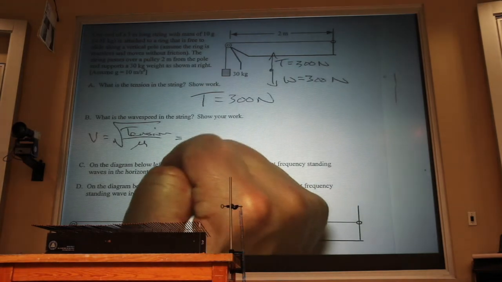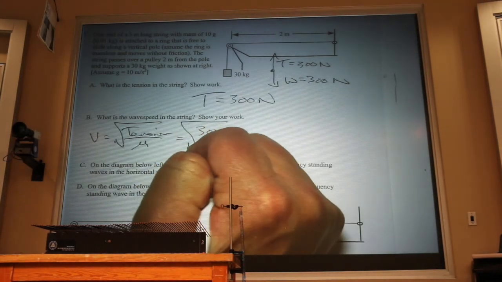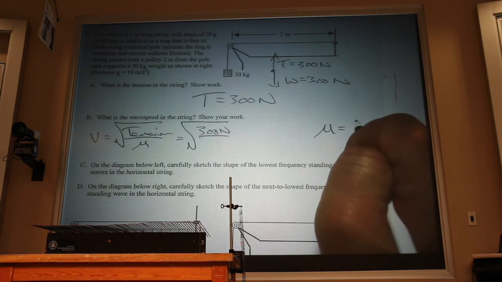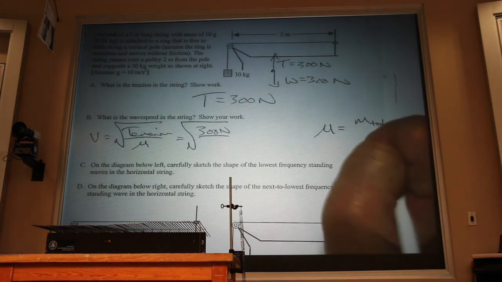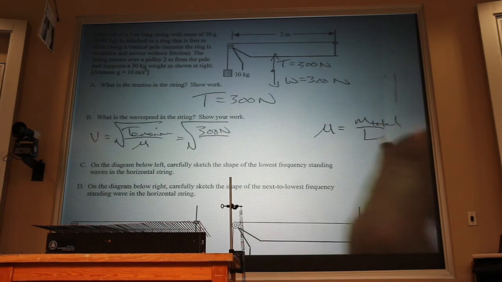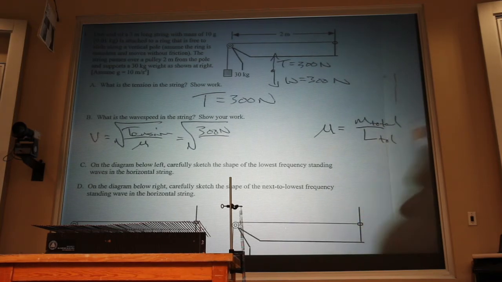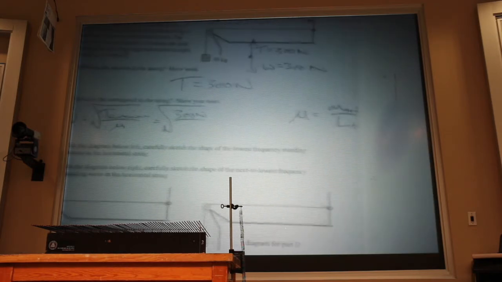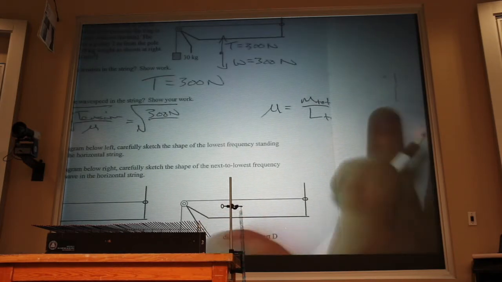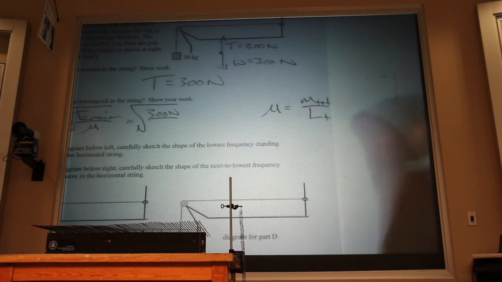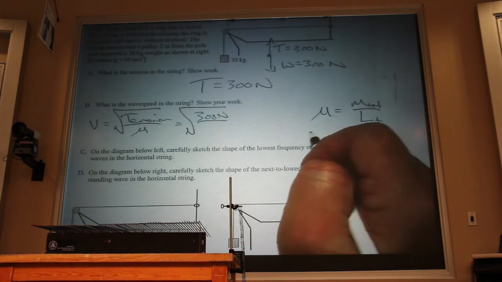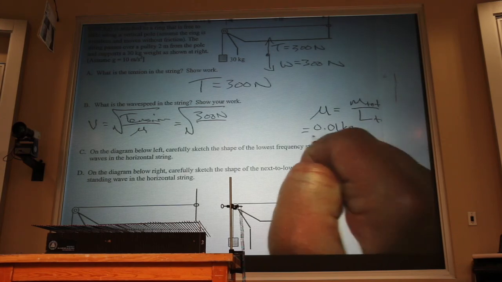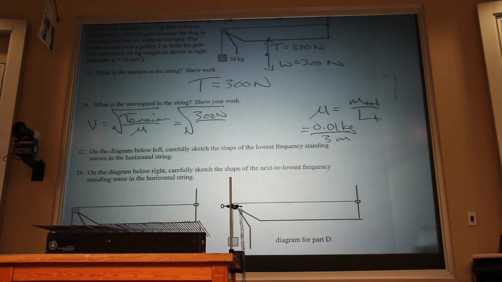Well, that's going to be the square root of 300 over... the mass density is the total mass of the string divided by the total length of the string. That's 0.01 kilograms over 3 meters.